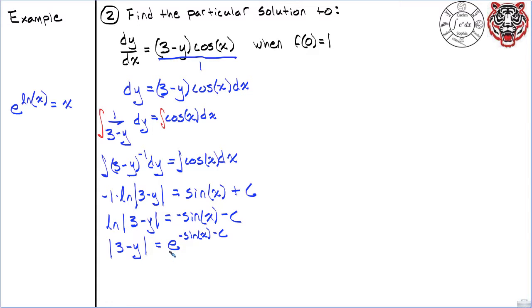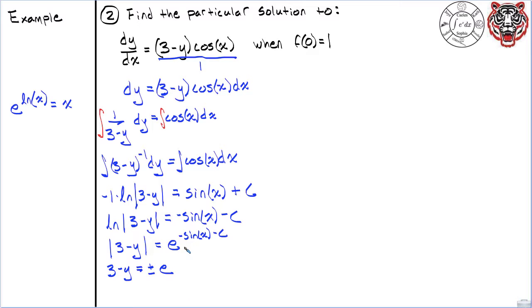All right, now I have to somehow figure out how to get rid of this absolute value. And if you remember from Algebra 2, you just drop it and then make this a plus or minus. And I can do that. So when I do that, it's going to be a 3 minus y. I dropped it, or I bent the bars if you want to think of this as parentheses. This is now going to be a plus or a minus e.